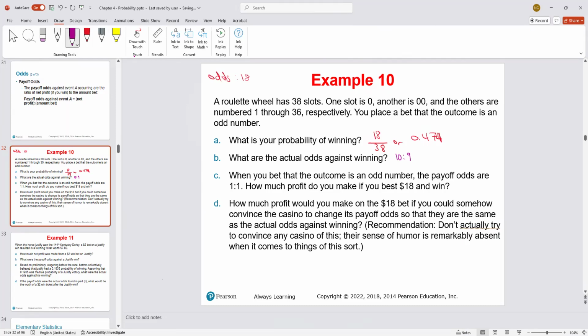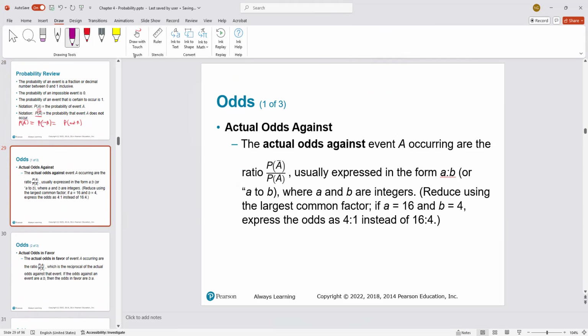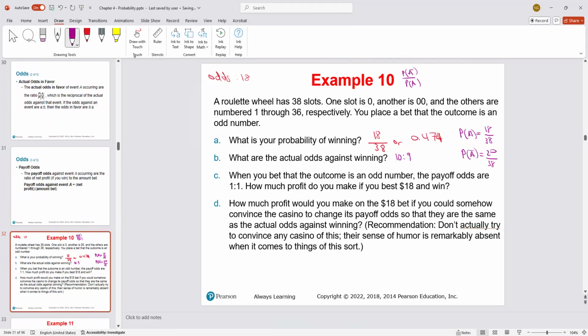It would be 20 over 38. Like for us, probability of A is 18 over 38. Probability of not A would be whatever you have left from 100 percent. So that would be 20 over 38. So if you take the probability you don't win over the probability you win, this is what's going to happen.